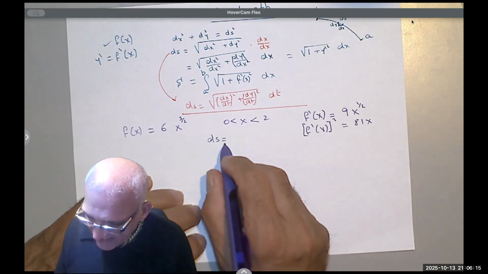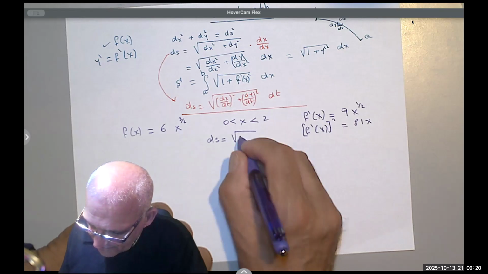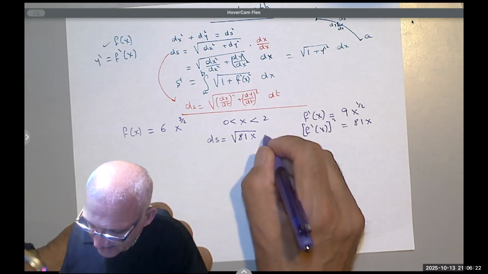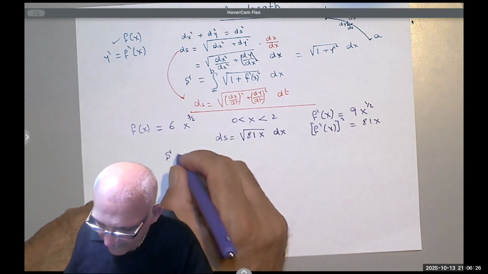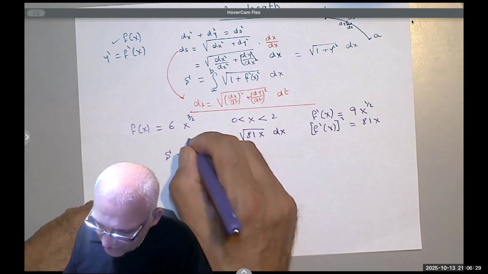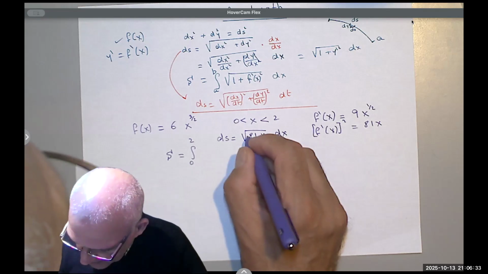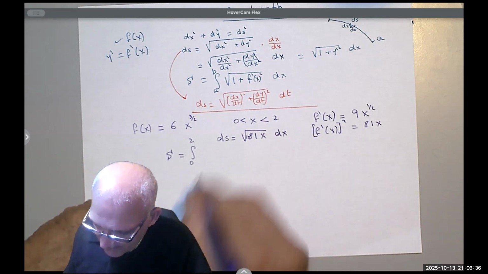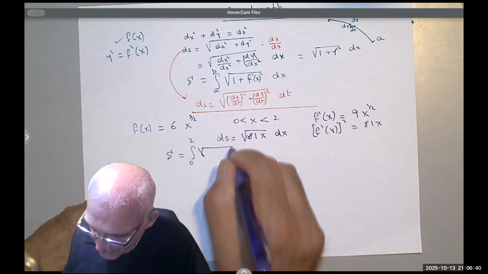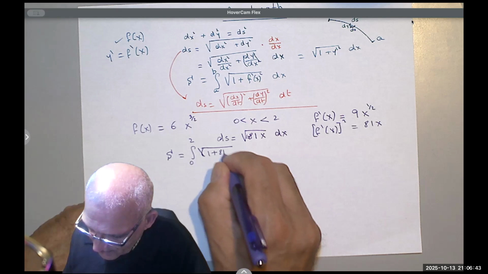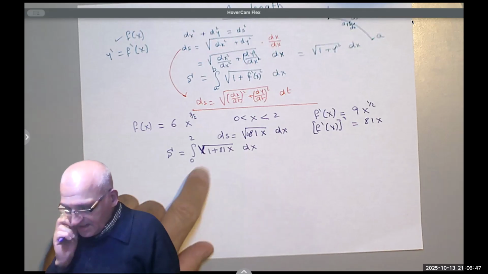So now my ds would be the square root of 1 plus 81x dx. Meaning the length of my graph would be the integral from 0 to 2 of, I'm sorry, 1 plus 81x, right? The square root of 1 plus 81x dx. You can use a very easy substitution.